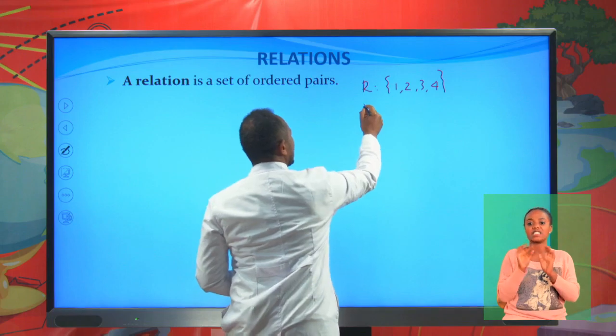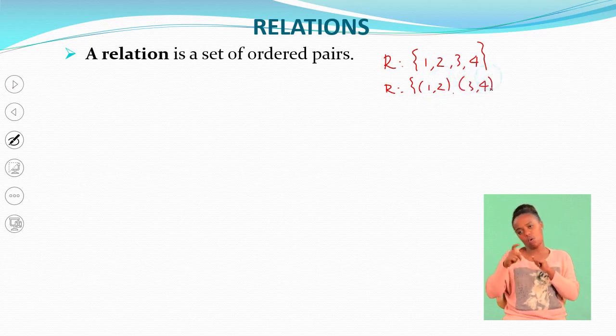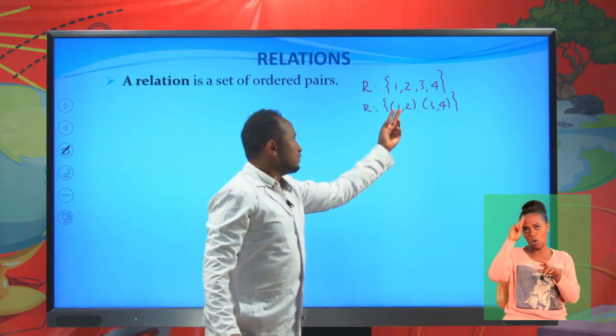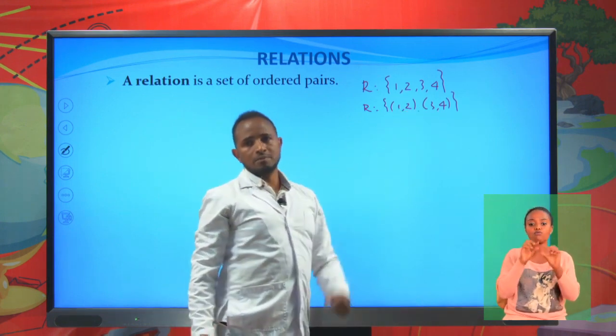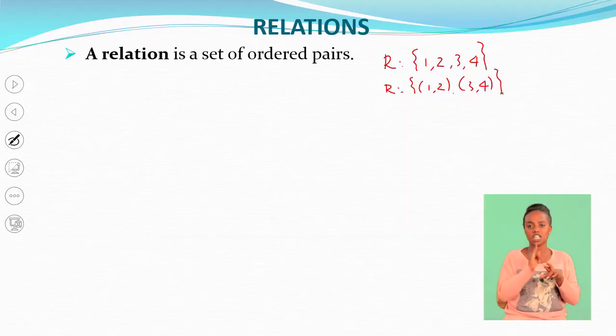But if you take this one, R, (1, 2), (3, 4), it is a relation because it is a set of ordered pair numbers. So relation simply is a set of ordered pairs.